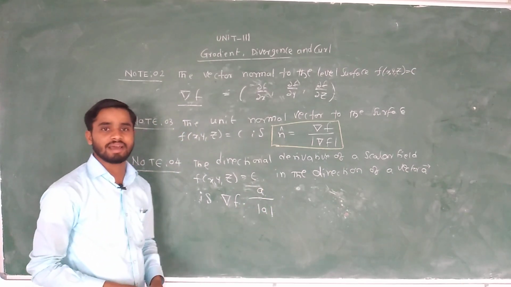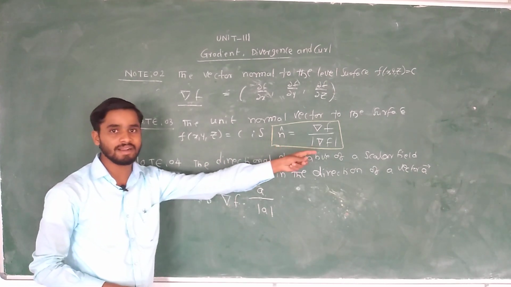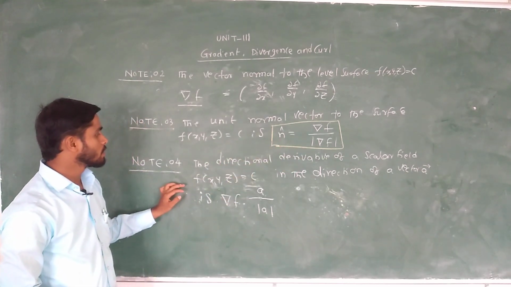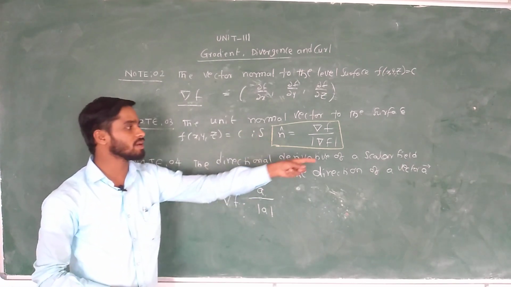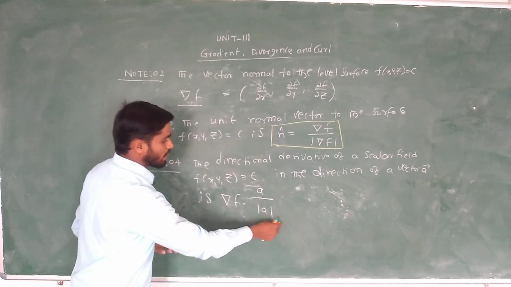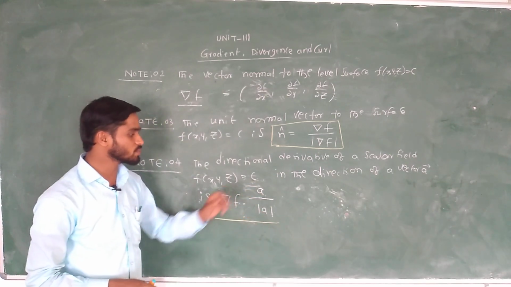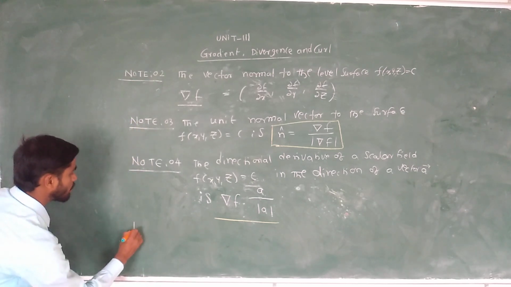So to compute the directional derivative of a scalar field f of x comma y comma z equal to c in the direction of the given vector a bar, it is del f dot product a by magnitude of a. And the last notice point is this one, notice number 5.